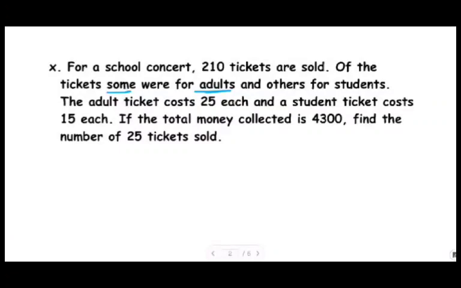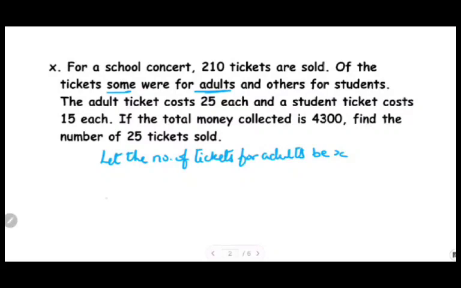I normally prefer x because maths has always been dealing with x. Alright, so some for adults. So let the number of tickets for adults be x, and others were for students.